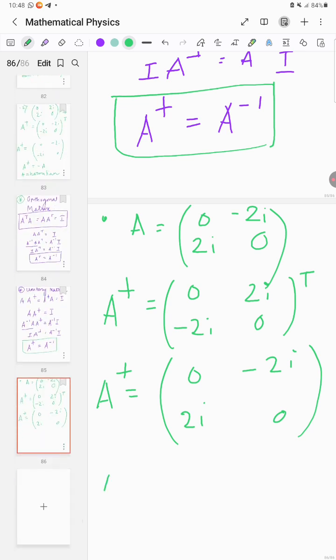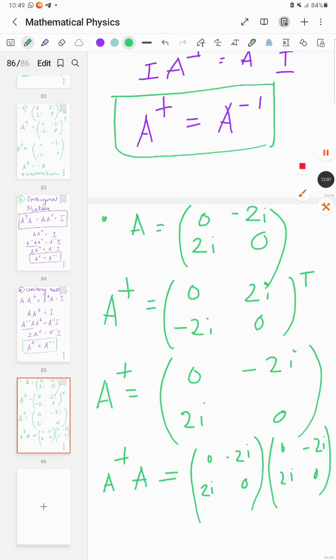So A dagger A becomes equal to [0, minus 2 iota; 2 iota, 0] multiplied by A, which is [0, minus 2 iota; 2 iota, 0].